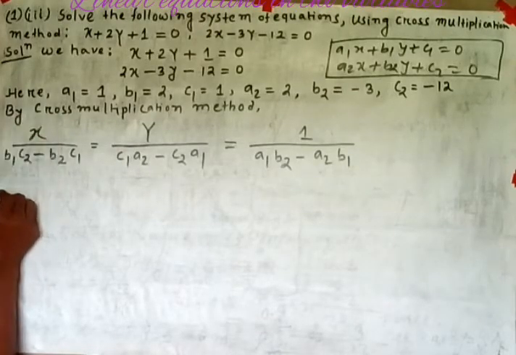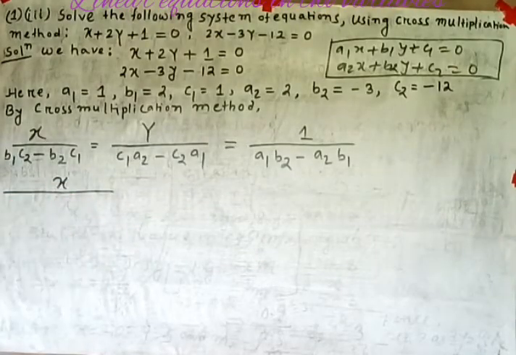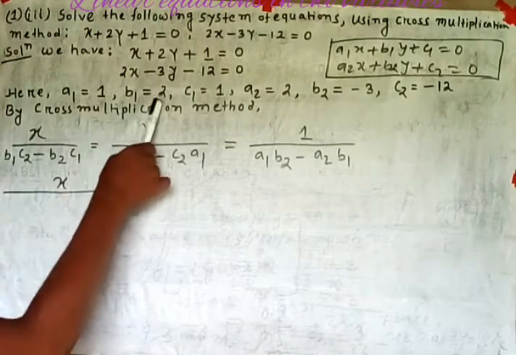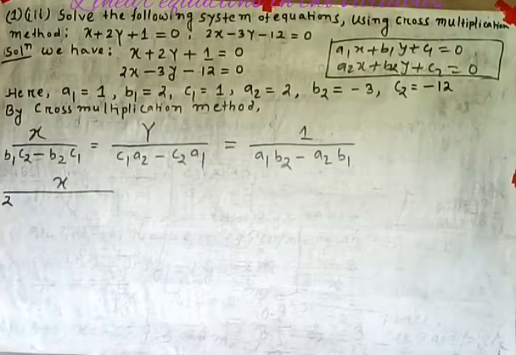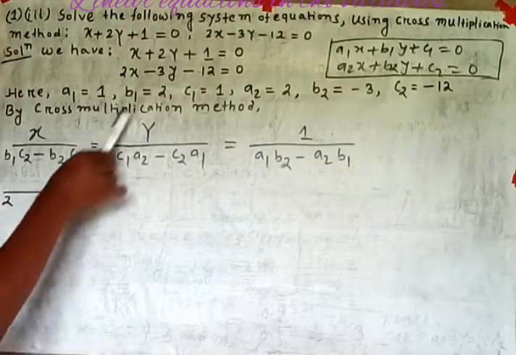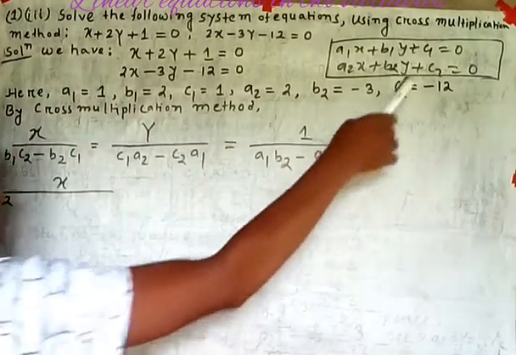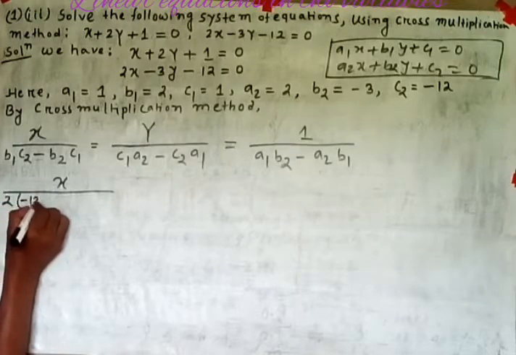Now we can go to the next step. x is x, then b1 c2. What is b1? The b1 value is 2, so we write 2 here. The c2 value is minus 12.